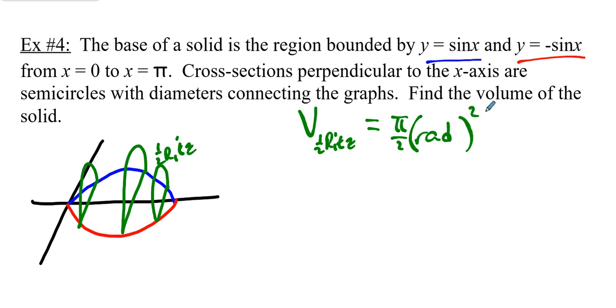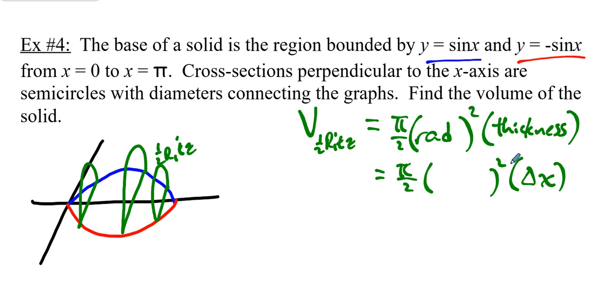Because a whole circle would be pi r squared, but we only have half a circle, so it's a half of pi r squared. And then there's a thickness to consider. We're cross-sectioning perpendicular to the x-axis, so this thickness is a change in x.